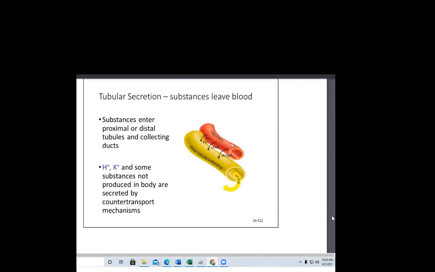That is excreted. And then the different metabolites of different drugs enter the distal convoluted tubule, and then they eventually become urine. Once they hit that collecting duct, they're out of there. They're out of the kidneys, they're sent to the ureters, and they're stored in the bladder. So this is secretion. Tubular reabsorption is when we're taking it back to the blood, and secretion is when we're taking it out of the blood to be excreted by the body.